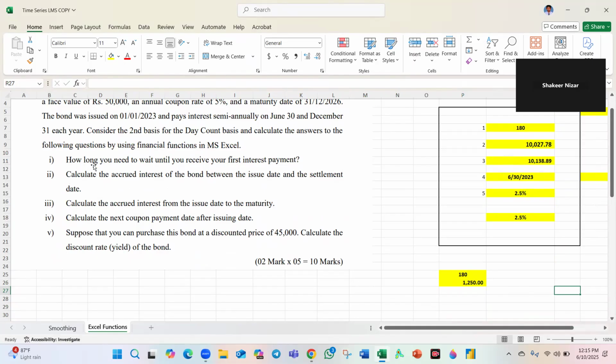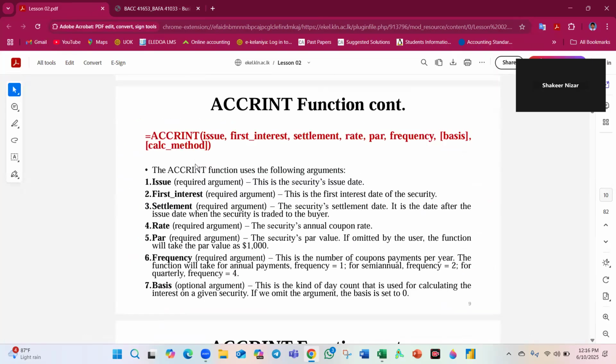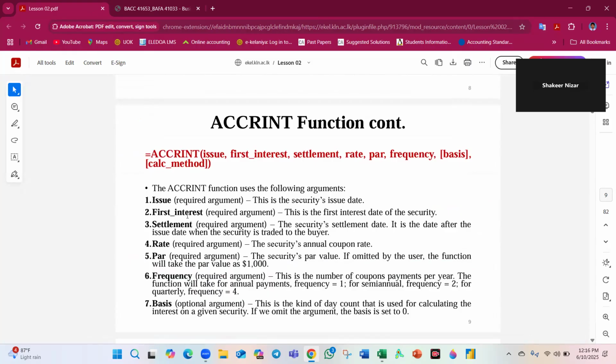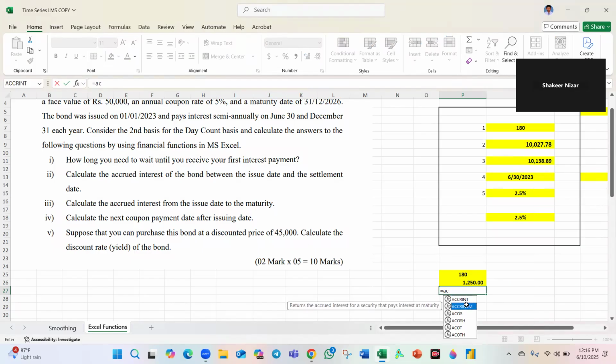Calculate the accrued interest of a bond between the issue date and the first settlement date. You can see the function, accrued interest. The settlement date is the date after the issue date when the security is traded to the buyer. Then calculate the accrued interest from the issue date to the maturity date. The ACCRINT function is used.